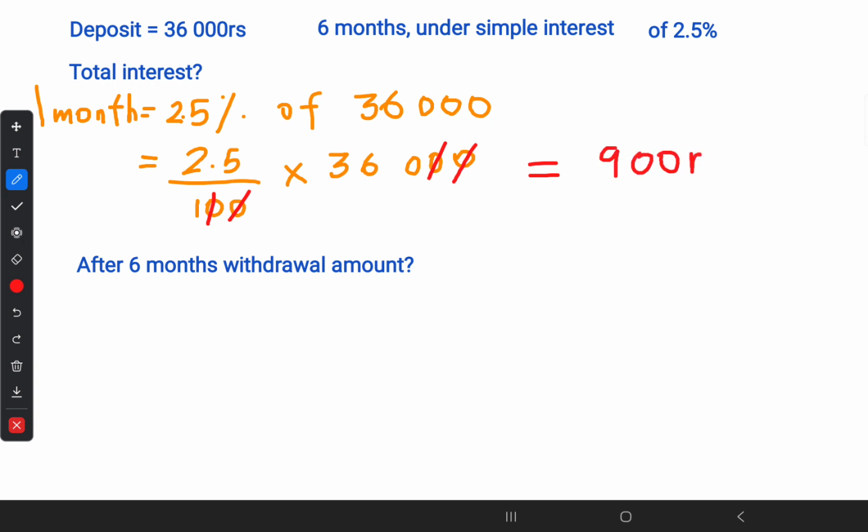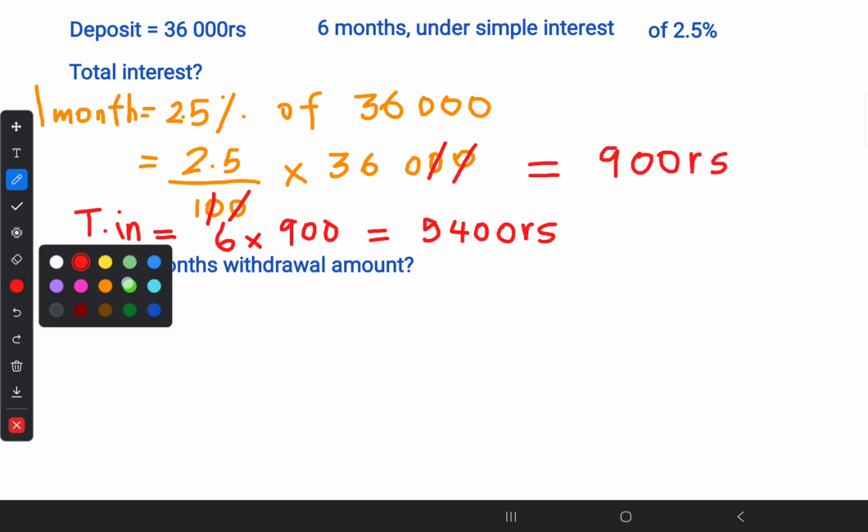So for 1 month, you will get 900 rupees as interest. But that is not our question. The question is the total interest. To find the total interest, there are 6 months, so 6 times 900. It would be 5,400 rupees.